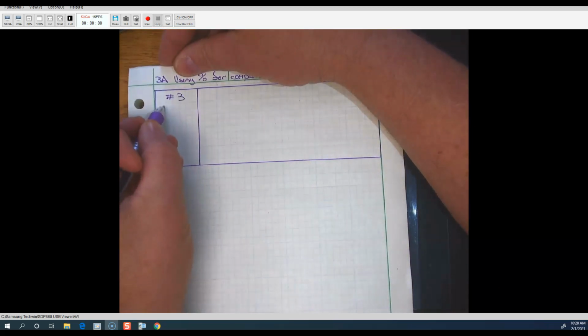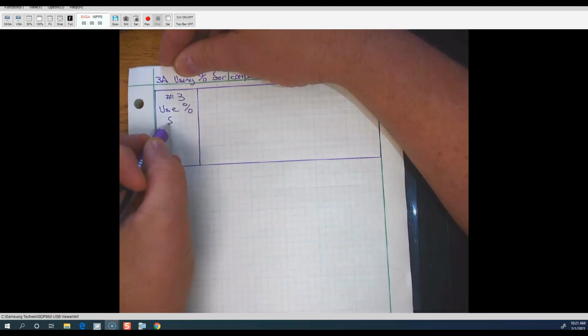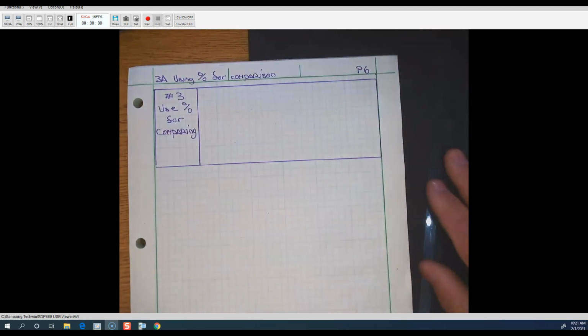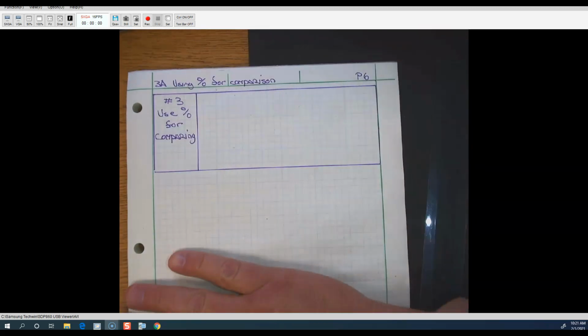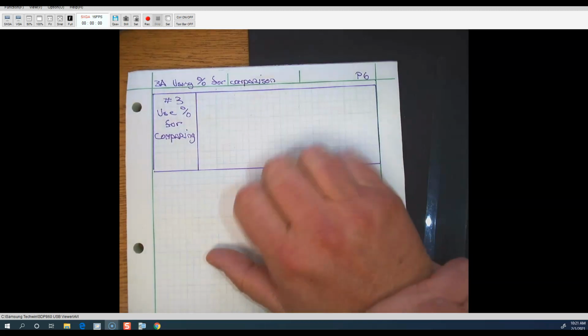Use percentages for comparing. And then over here we'll have an example.